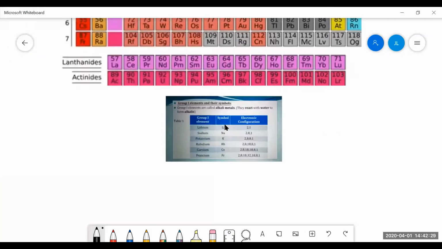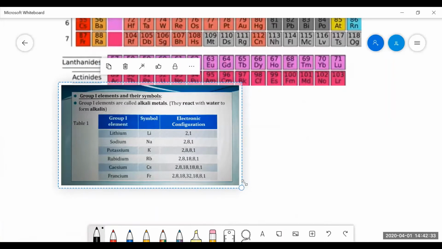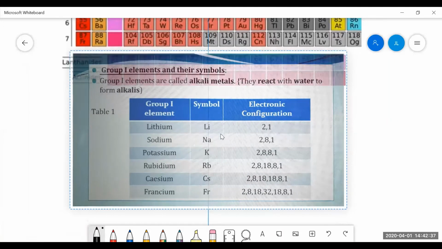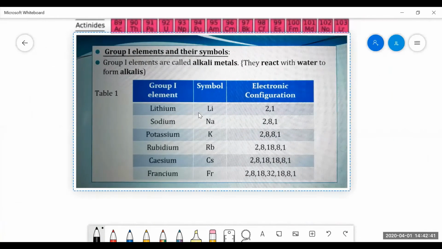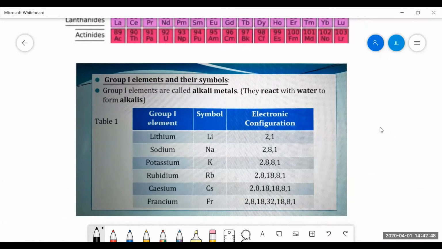Let's have this. This is the electronic configuration. By now you should know how to determine the electronic configuration based on the periodic table. So 2,1; 2,8,1; 2,8,8,1; 2,8,18,8,1.